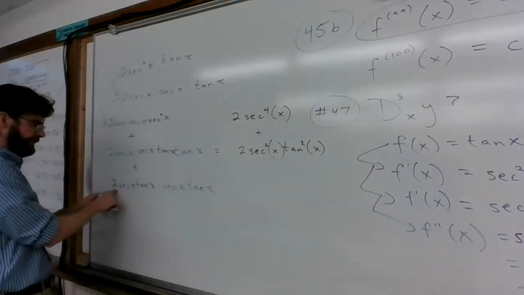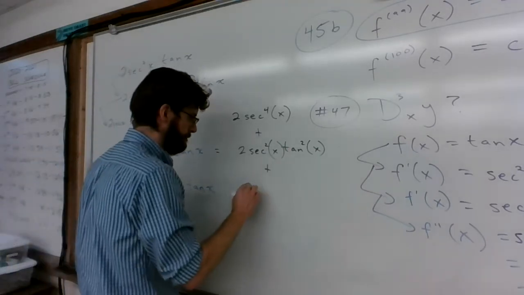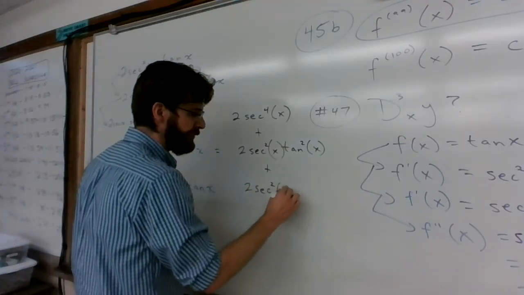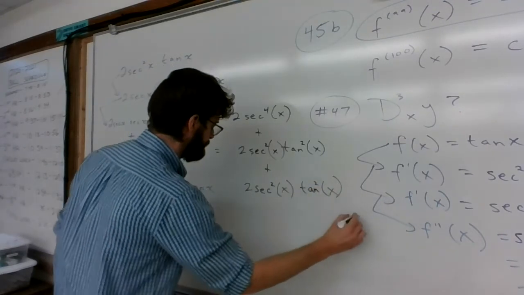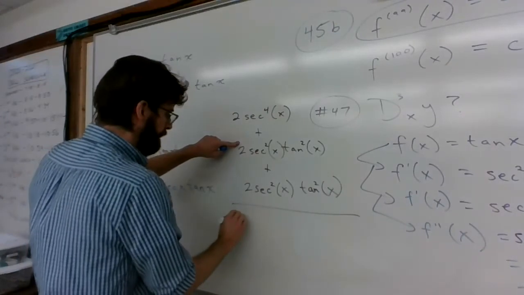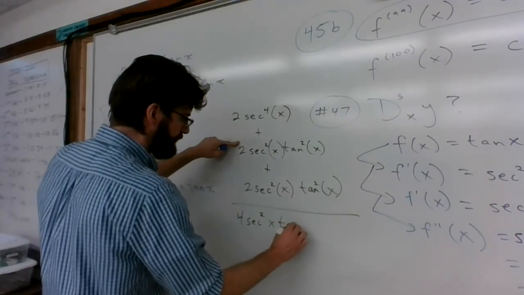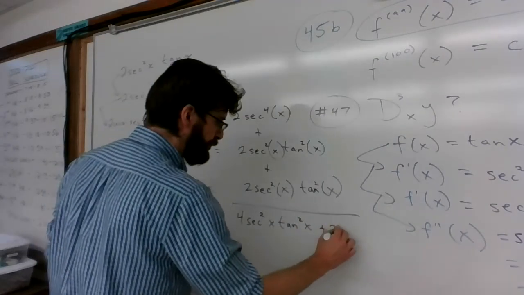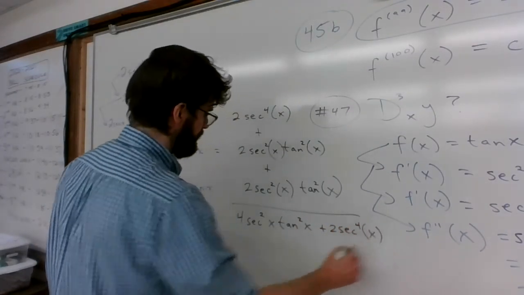And then 2 secant squared, tangent squared. Hey, you can combine those last two. So 4 secant squared x tan squared x plus 2 secant to the 4th of x.